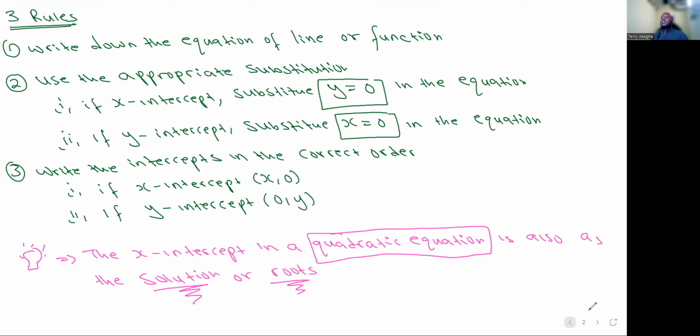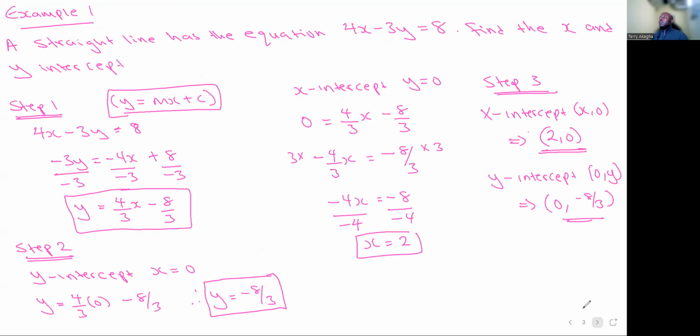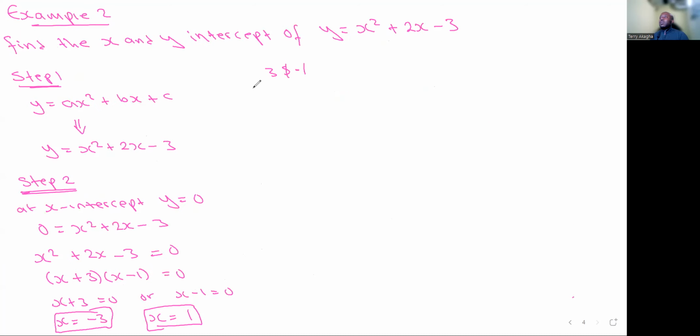The next part is to find the y-intercept. So at y-intercept, we have to substitute x to be equal to 0. So at y-intercept, x must be equal to 0.